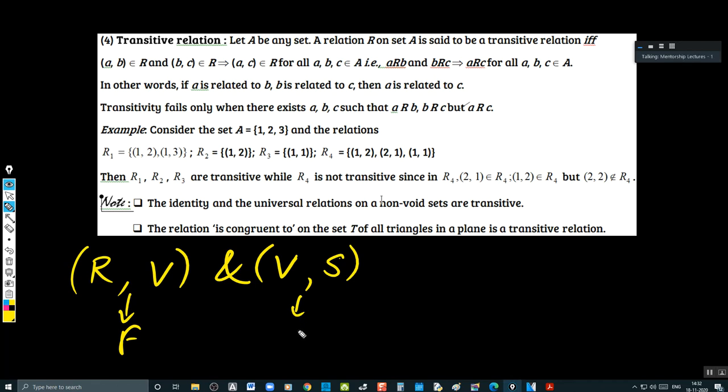He's the brother. Now, is it a transitive relation? I repeat, Rahul is father of Vicky and Vicky is brother of Sushma.